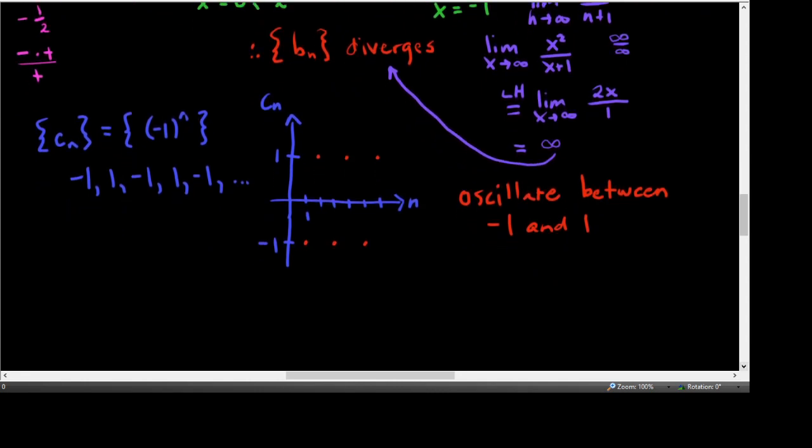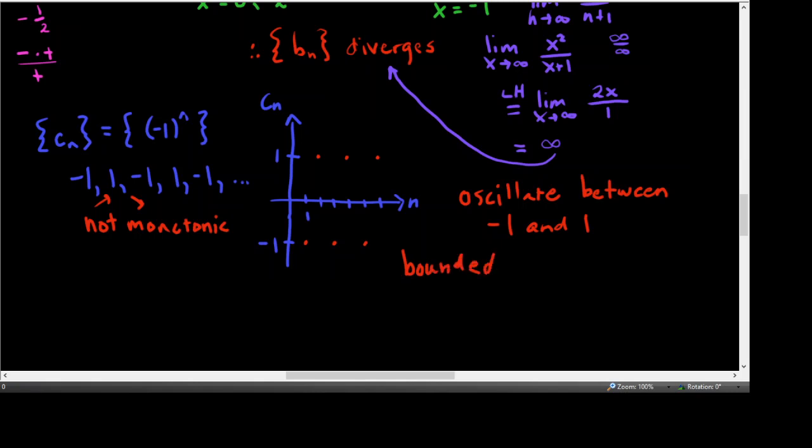Is it monotonic? No. It goes up, then goes down, then goes up, then goes down. So up, down, and then of course that means it's not monotonic. Okay, is it bounded? Yeah, actually it is.